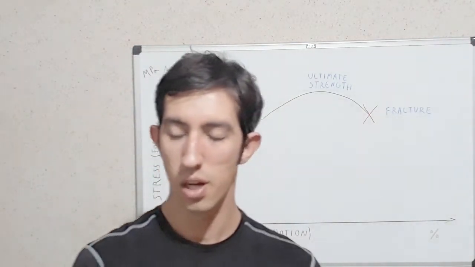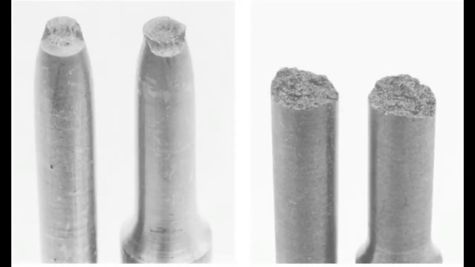Here is a picture of two samples of materials. The material on the left is a softer material, a ductile material that starts necking before breaking. The material on the right is a fragile material that doesn't have a neck, it just breaks.